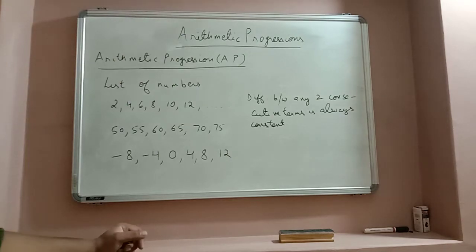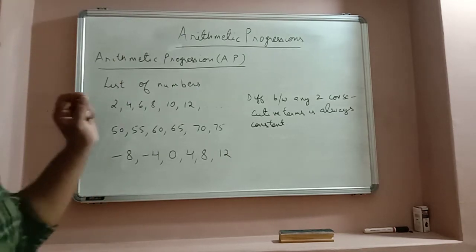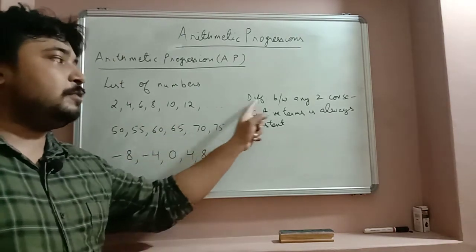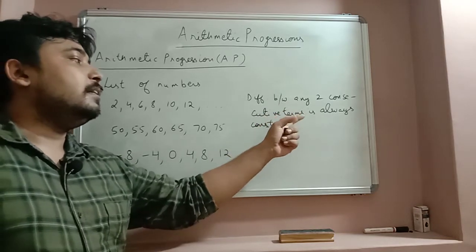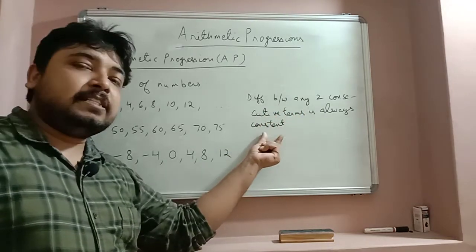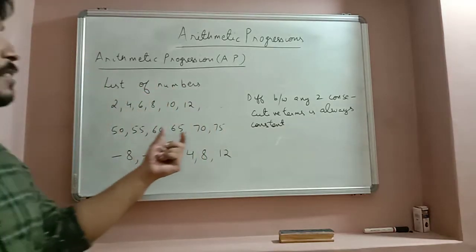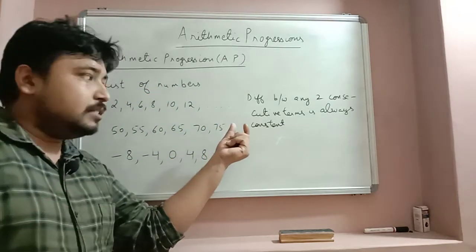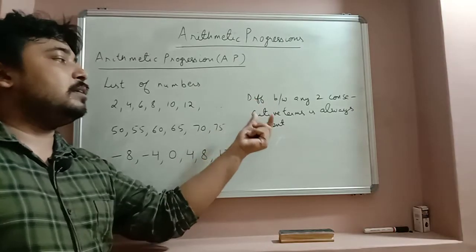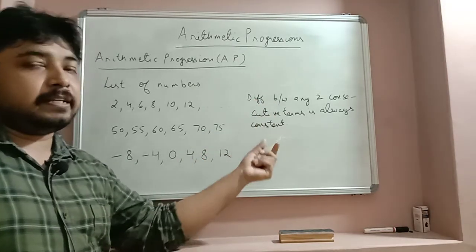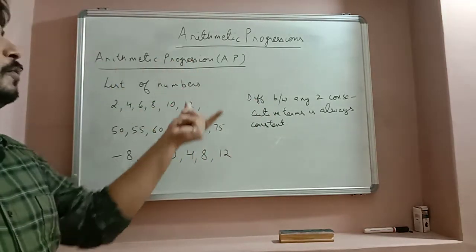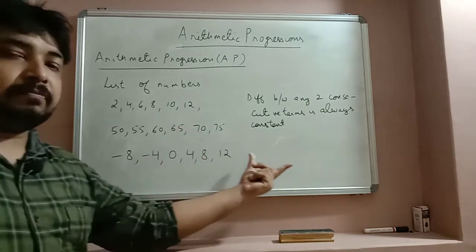So that's how we define the arithmetic progression. It's a list of numbers in which the difference between any two consecutive terms is always constant. So any list of numbers or expressions in which the difference between any two consecutive terms is always constant is known as an arithmetic progression. You may note down the definition.